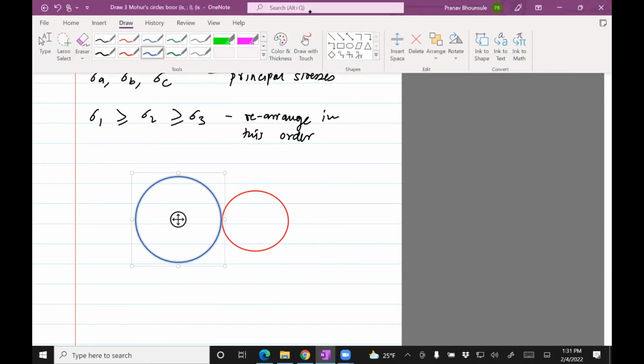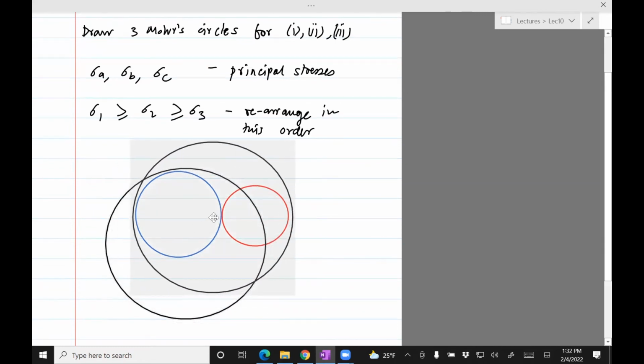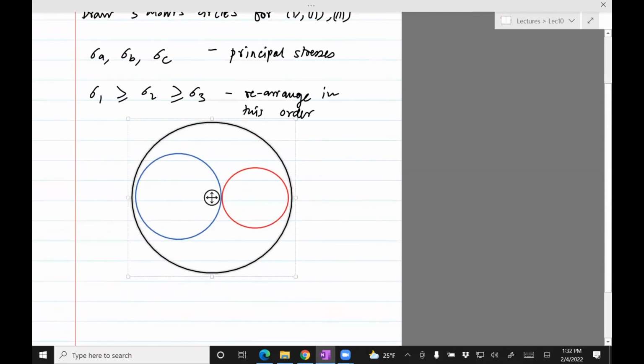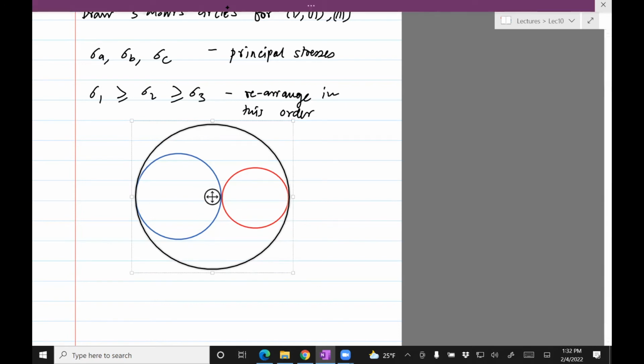And then finally, you will also get one corresponding to sigma 1 and sigma 2, my bad. Sigma 1, sigma 2 will give this, and sigma 1, sigma 3 will be the biggest one. And I'll summarize all this in a bit. Everything is right. They should actually line up. This looks okay.